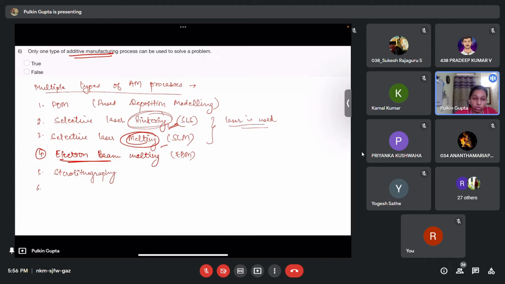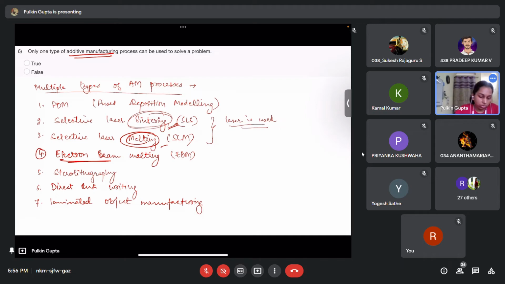Then we have direct writing, where a liquid slurry is extruded through a nozzle and solidified in the generic air atmosphere that is available. Then we have laminated object manufacturing and so on. The list is long. We have many more AM techniques.